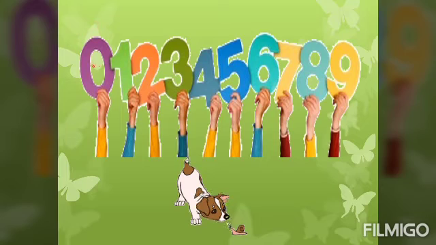Listen: 0, 2, 4, 6, and 8. Again, the 0, 2, 4, 6, and 8 are even numbers, while 1, 3, 5, 7, and 9 are all odd numbers.